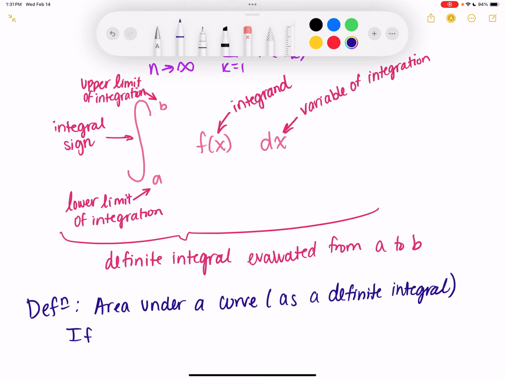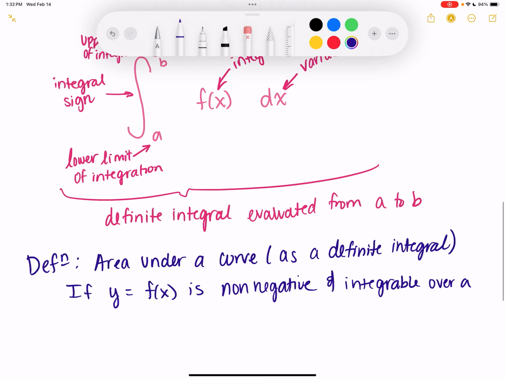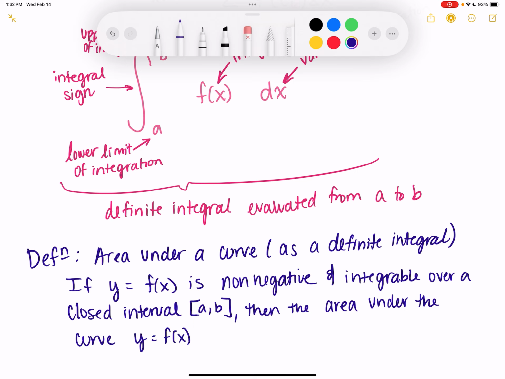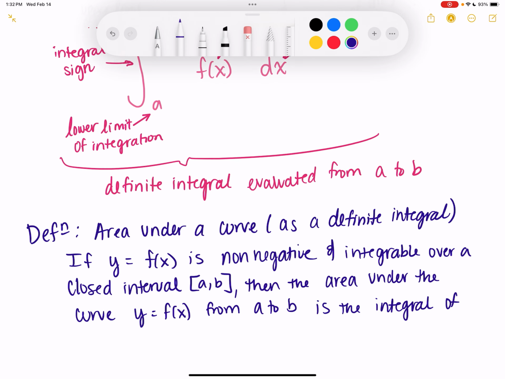It says if y is equal to f of x is non-negative and integrable over a closed interval A to B, then the area under the curve y equals f of x from A to B is the integral of f from A to B.